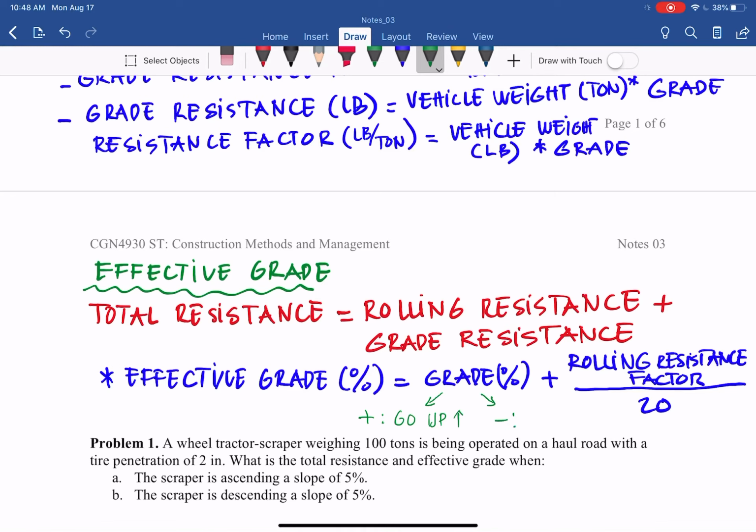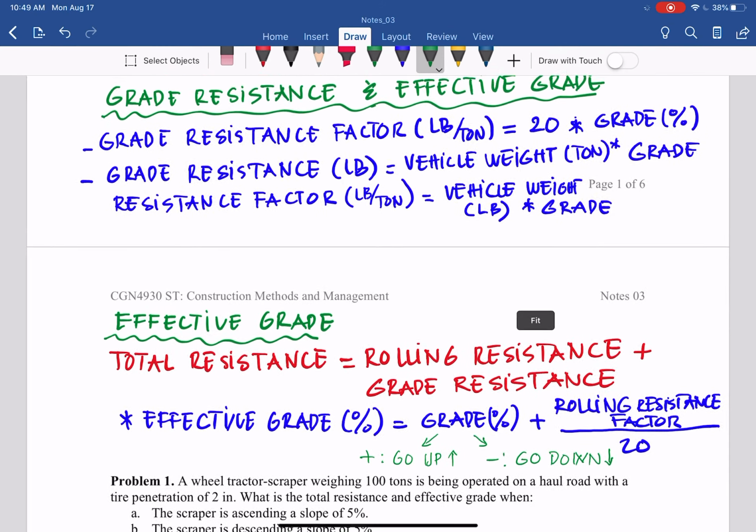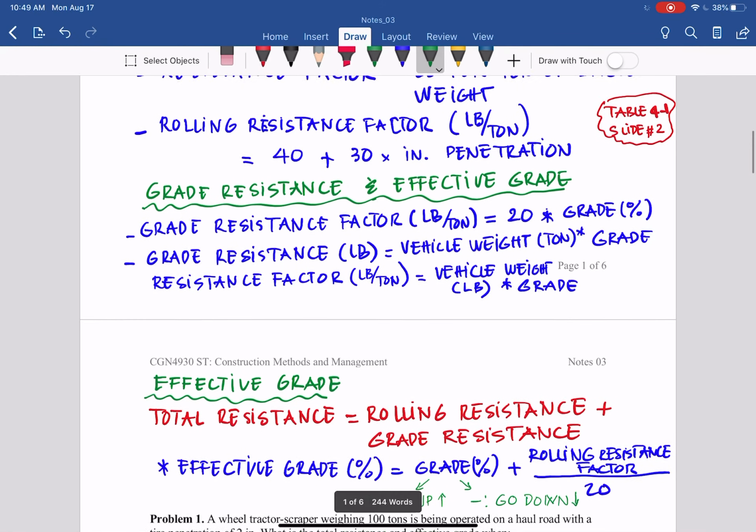It will be negative if the equipment goes down, and that basically reduces the total resistance. So in the next video, we will apply this for a problem 1.